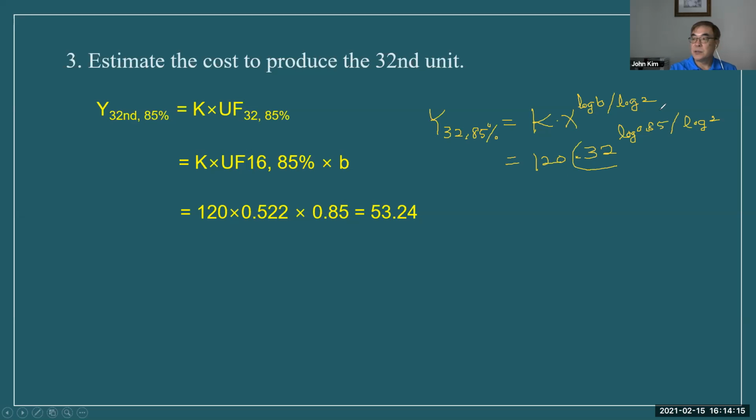This part is the same as unit factor 32 at 85%. So that will be 120 times this one, 0.55. I will calculate.